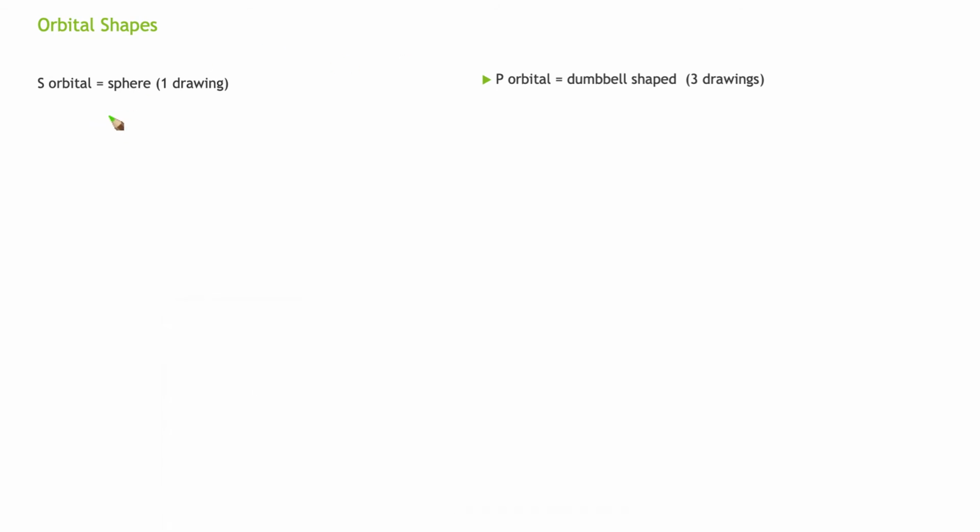So an s orbital is a sphere. Sorry, that's not a good arrow. We'll redo that. All right, so our coordinate plane here.